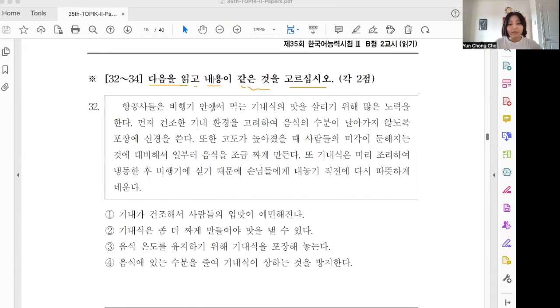32번 항공사들은 비행기 안에서 먹는 기내식의 맛을 살리기 위해 많은 노력을 한다. 항공사, 항공, airline. 사 is company, so airline companies. 들, plural marker, airline companies. 비행기 안에서 먹는 기내식의 맛을 살리기 위해, in order to, so as to, for the purpose of. 맛을 살리다, make it tasty. 기내식, in-flight meals.